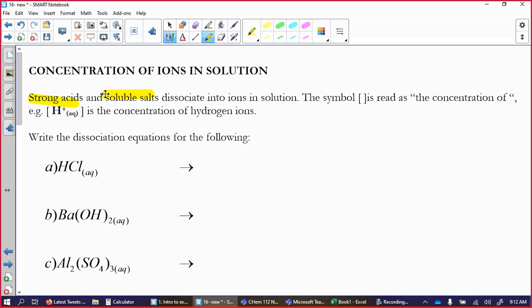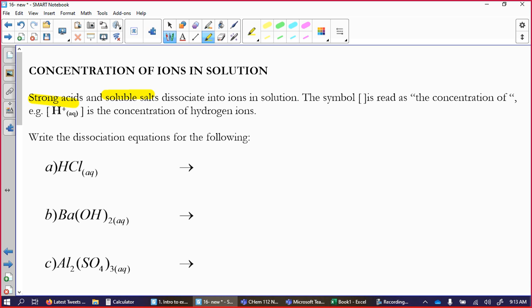We don't list on the bottle the concentration of each ion. Well, we use what we put in. If I take however many grams of aluminum sulfate, which is a solid, dissolve it in water, and I calculate the concentration of this whole thing, I can use math and logic to figure out the concentration of the ions.